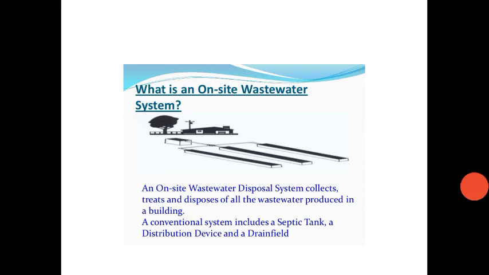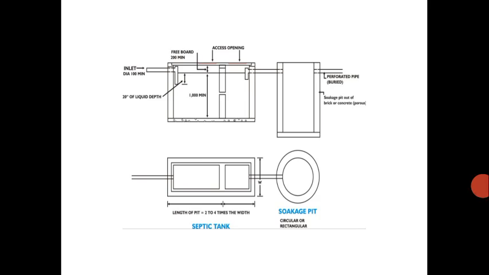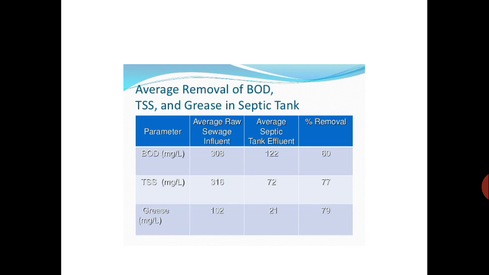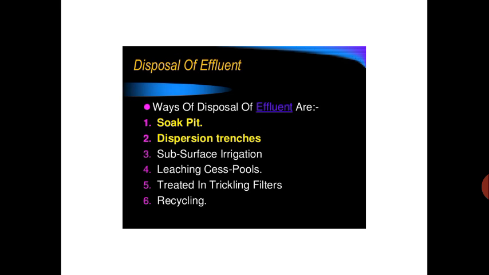In that, we will calculate the soak pit. If you see the soak pit, there also you have a slab, an RCC slab, which is of 7.5 centimeter thickness. Here in the calculation of the soak pit, the slab is there.